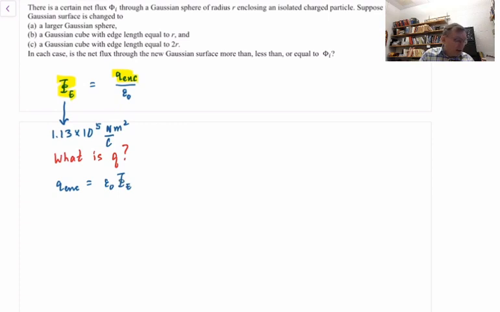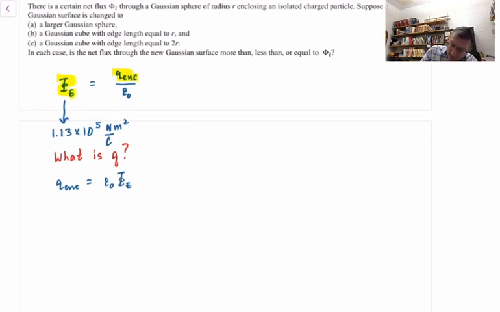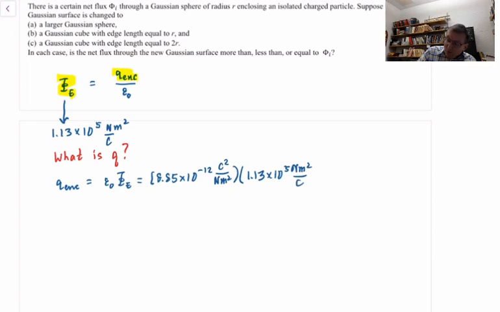And epsilon 0 is a known constant. So this is 8.85 times 10 to the minus 12 coulomb squared over newton meter squared. And I'm given the electric flux through our Gaussian surface, 1.13 times 10 to the 5 newton meter squared per coulomb.